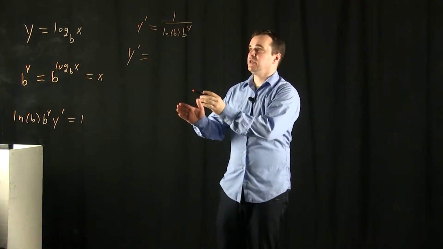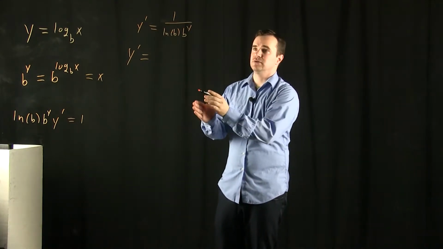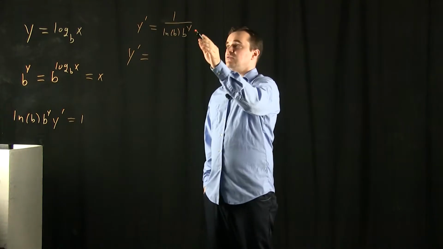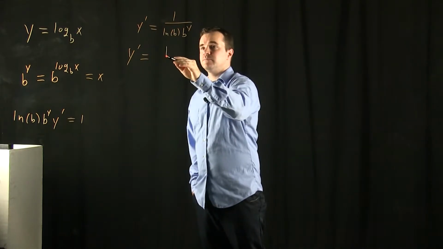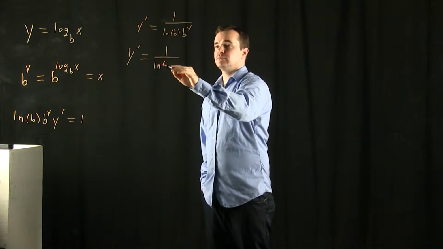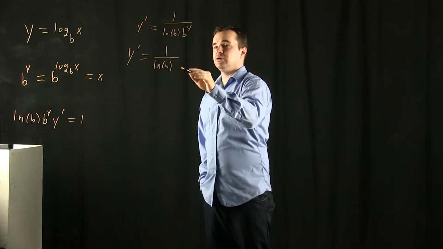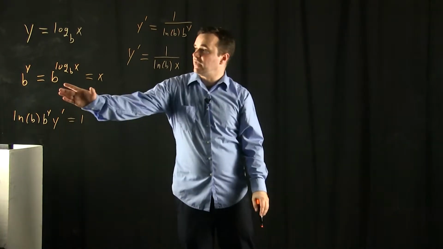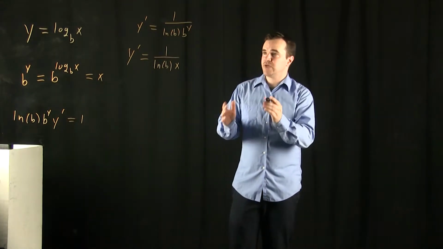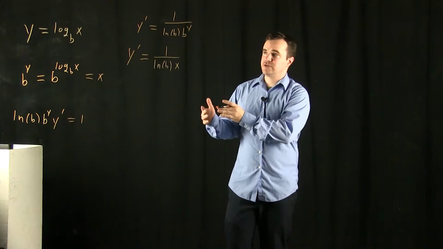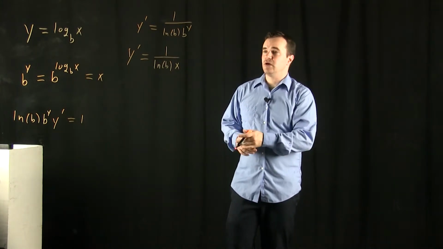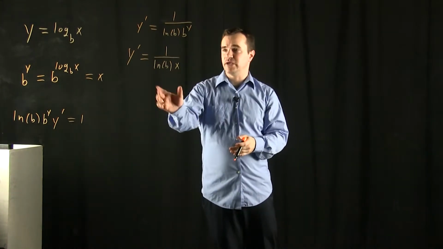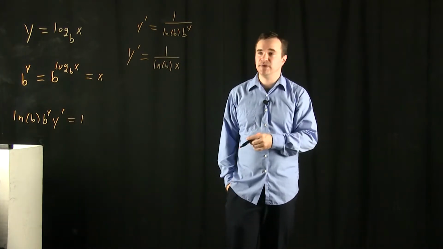Well, I know that y is equal to log with base b of x. So b to the y then has to be nothing but x. And we saw that here already. So that's our derivative of log with base b of x. The way you get it is just 1 over x, and then you're also dividing by natural log of b.